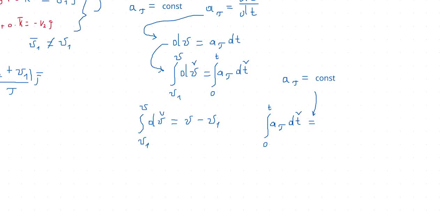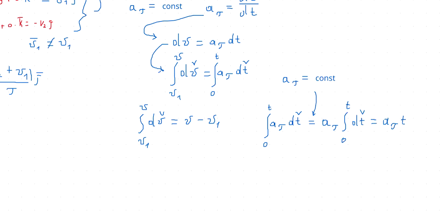So we can write that this is equal to integral from 0 to t dt. And so we have a tau multiplied by t.